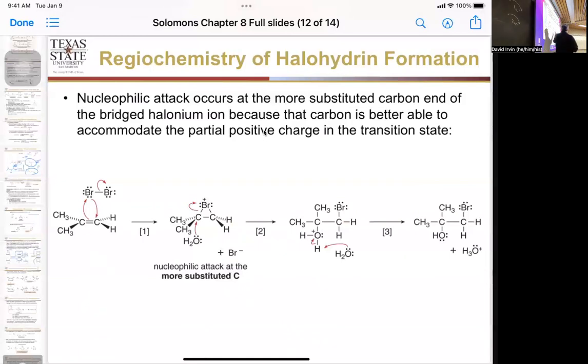So the nucleophile is going to attack on the more substituted carbon, lose a proton, and get to the more substituted alcohol, and the halogen is going to be on the least substituted side. That makes sense, right? Because it's following the same rules of carbocation stability, but we don't form a carbocation.